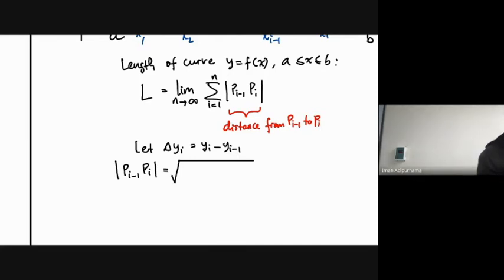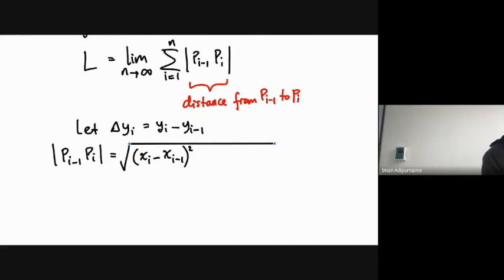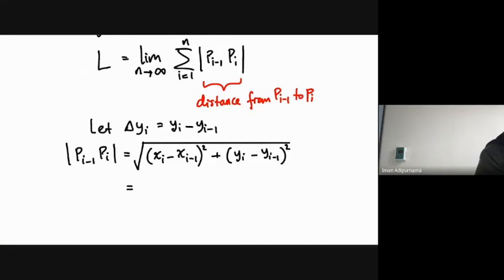The distance formula will be x_i minus x_{i-1}, squared, plus delta y squared.